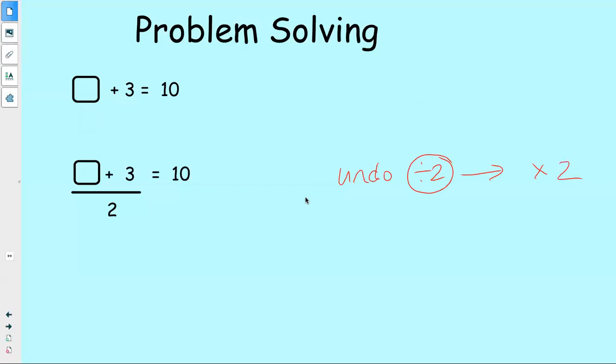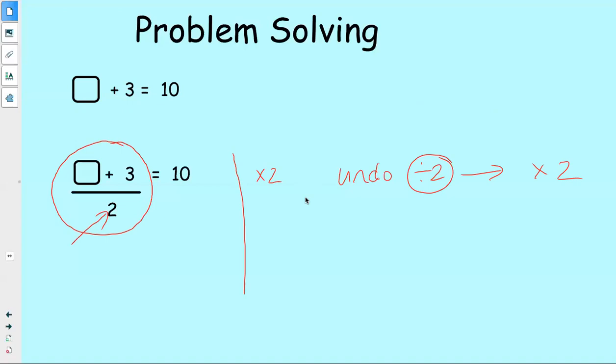So I'm just going to put a wee method line here. I'm just going to write multiply by 2. I have to multiply the left-hand side by 2, and I have to multiply the right-hand side by 2. If I multiply this left-hand side by 2, it's already been divided by 2 as well. So if I multiply by 2 and I divide by 2, they in effect cancel each other out.